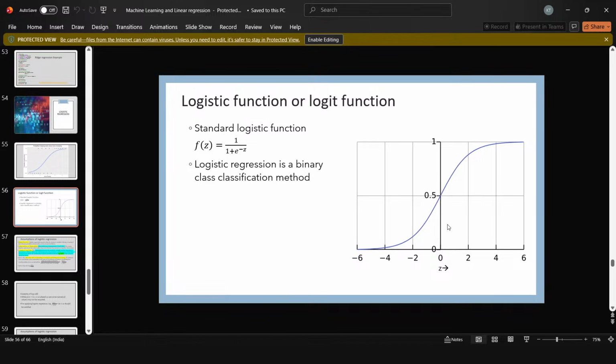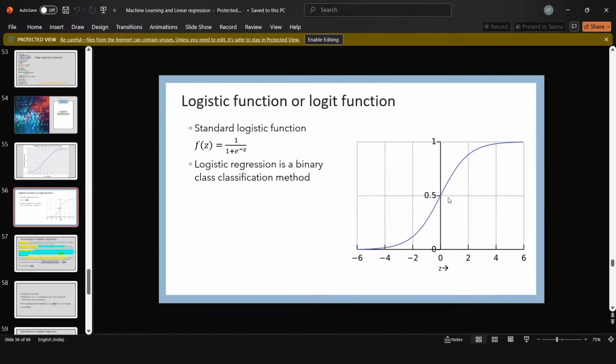Once you have a data set given, you can apply the data set to this function. This is called the logistic function. This is a sigmoid function. There are multiple such functions available, for example, ReLU, softmax, etc. But here we are using the sigmoid function, and if you apply the sigmoid function to the z value that you are given in the data set, you will get a probability, and you can plot the following graph.